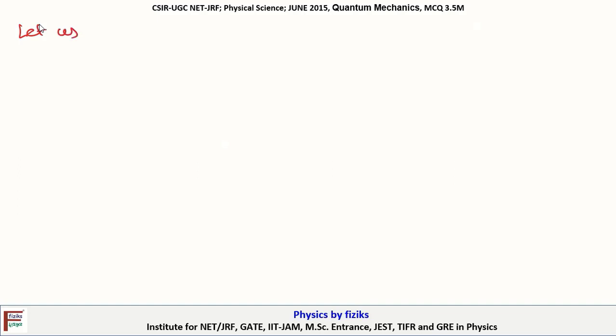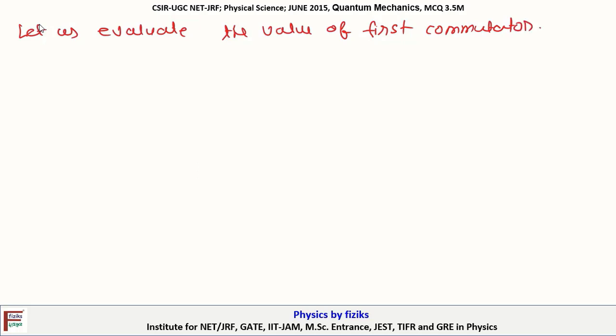Let us evaluate the value of the first commutator, that is L cross L1. So we would have it as minus j cap L3 plus k cap L2 into L1.